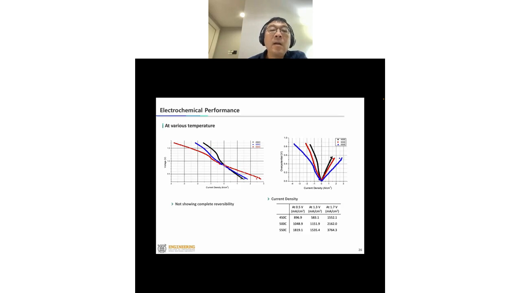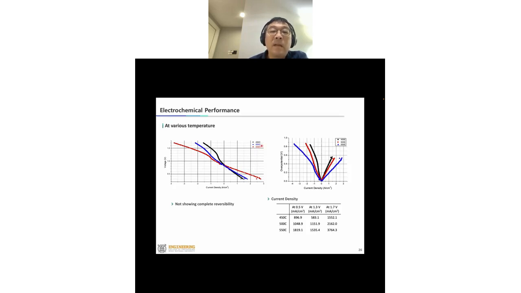And here, we change the temperature. Our reference point is 500 Celsius, and we change the temperature to 550 or even 450. You can see the 550 typically generates better performance because it decreases the ohmic resistance of the electrolyte at high temperature, so performance improves.